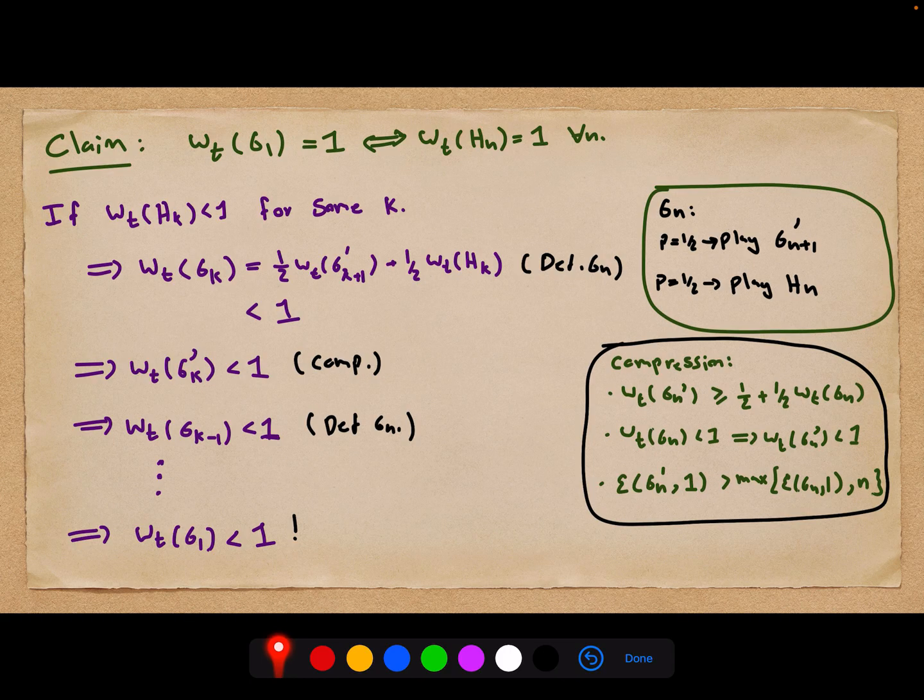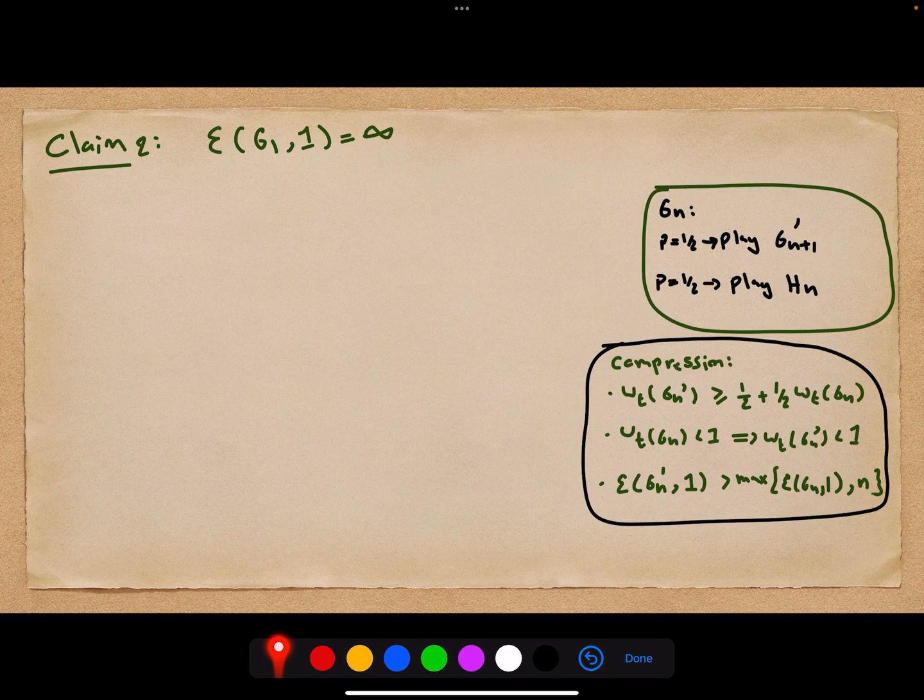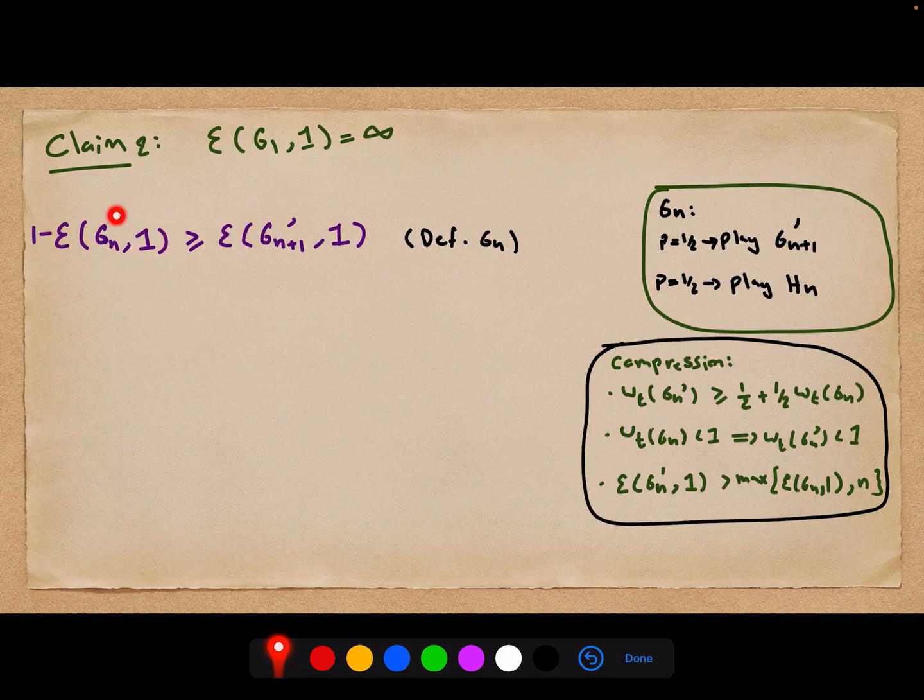Now we can also argue about the entanglement requirement for this game. We can see that the amount of entanglement that's required to win the nth game in our family perfectly is clearly lower bounded by the amount of entanglement needed to win the n+1th compressed game, since in order to win this game perfectly, half the time we are playing the compressed game, so we must be able to also win this game perfectly.